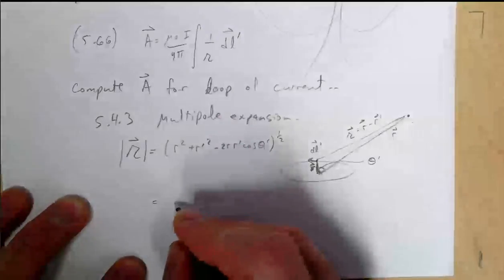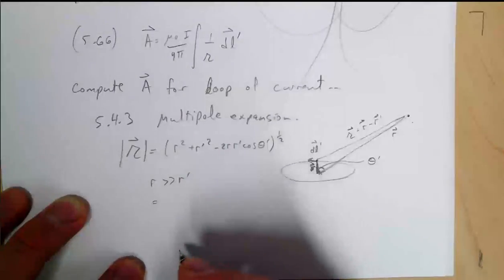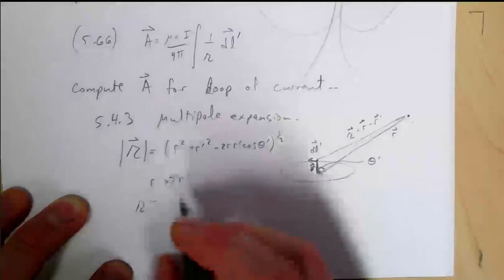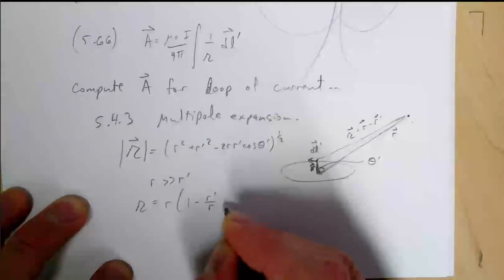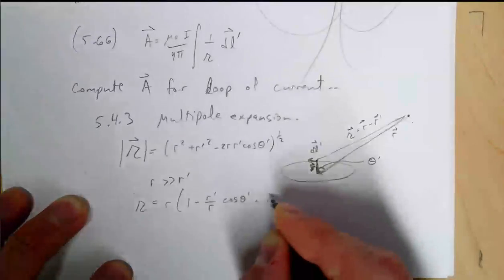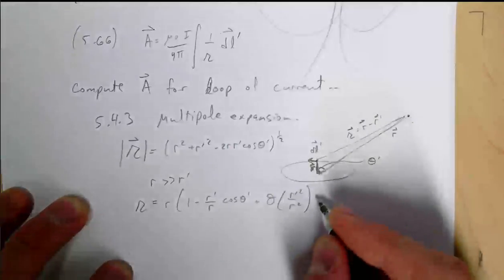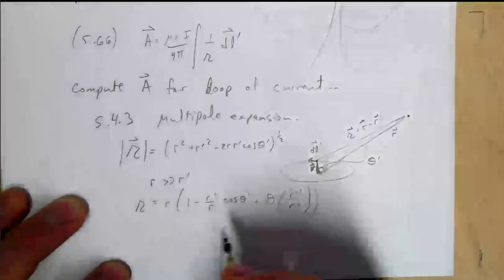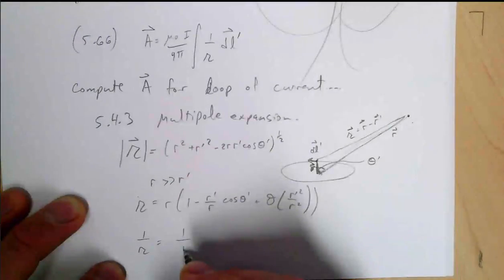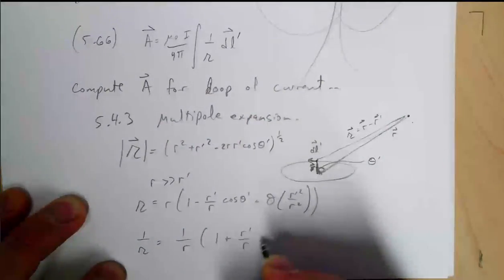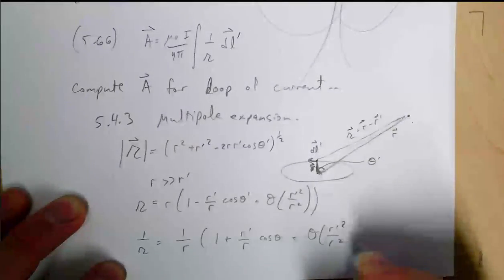If r is much greater than r prime, in other words, a really tiny dipole, then 1 over script r is basically equal to 1 over r times 1 plus r prime over r cosine theta prime, plus the higher order terms.